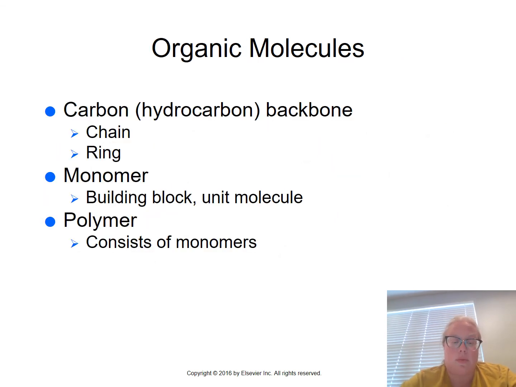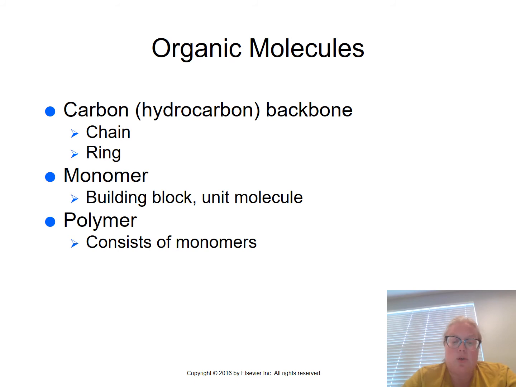Okay, when we talk about organic molecules, remember, all organic molecules contain atoms of carbon and hydrogen. The major organic molecules in living organisms are the carbohydrates, proteins, lipids, and nucleic acids. Each of these compounds is composed of a specific unit of molecules or monomers.